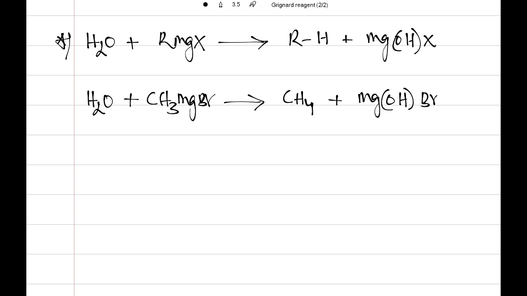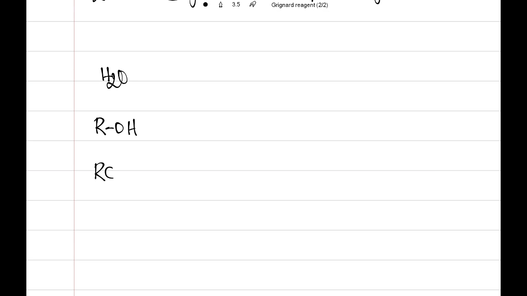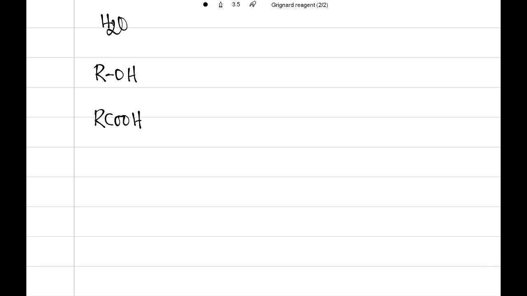Not only this one, I am drawing a flow chart here. H2O, next alcohol, which is also a polar protic solvent, next carboxylic acid also. Next, terminal alkynes, RC triple bond CH, a terminal alkyne I am taking.